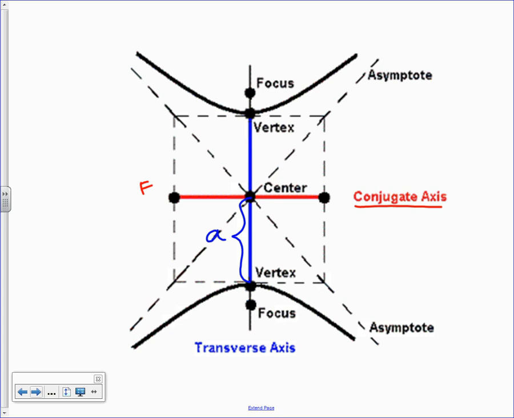We are going to call these two points fake vertices. The distance from the center to a fake vertex is going to be B. You'll have a focus, and just like before, we called foci something about C. So you've got A, you've got B, you've got C.